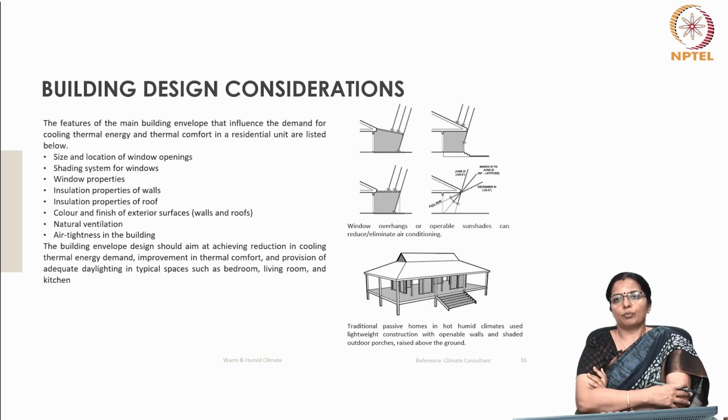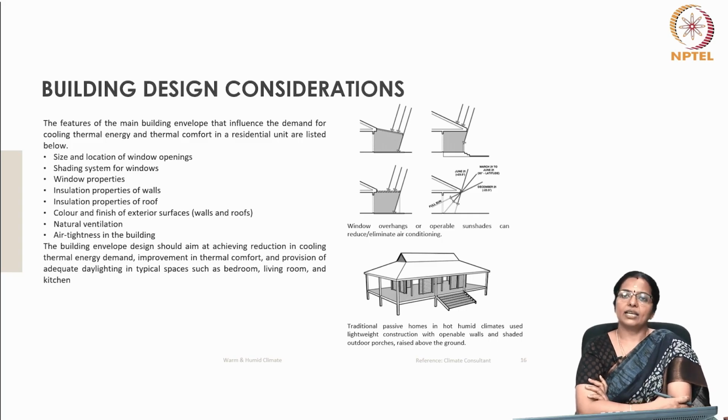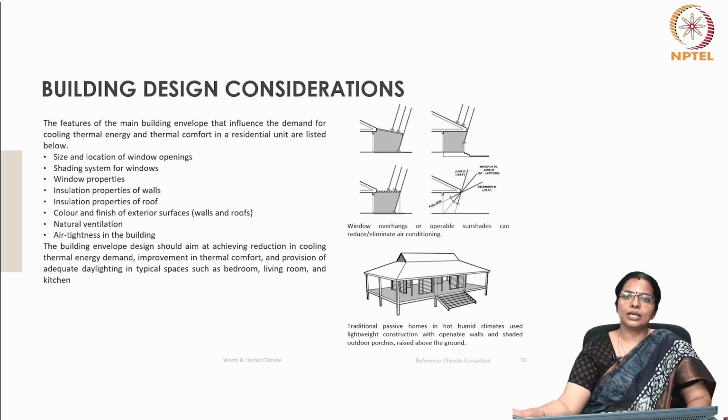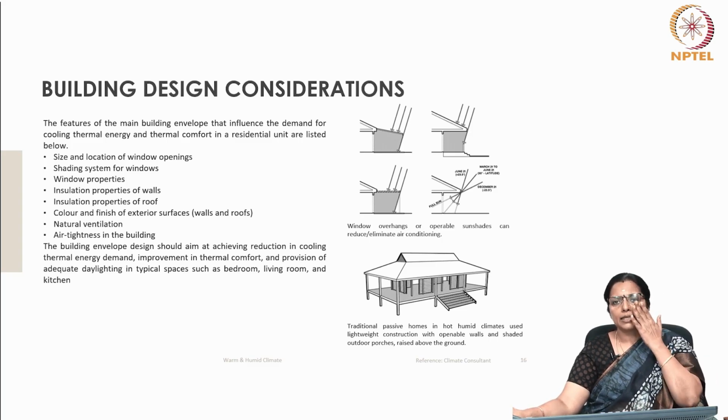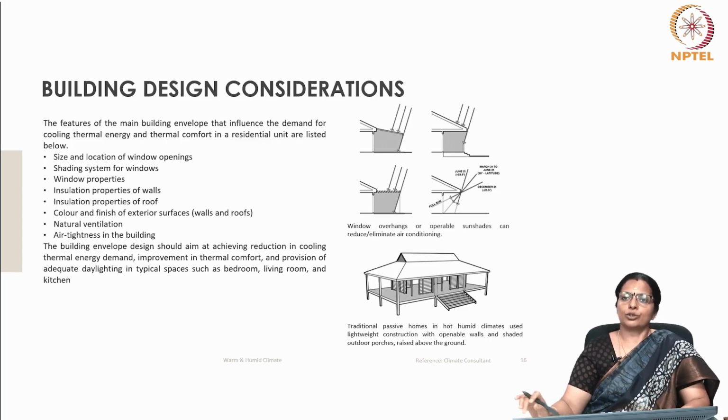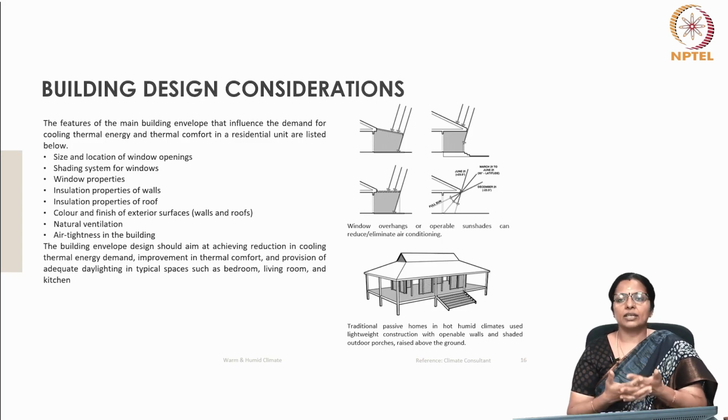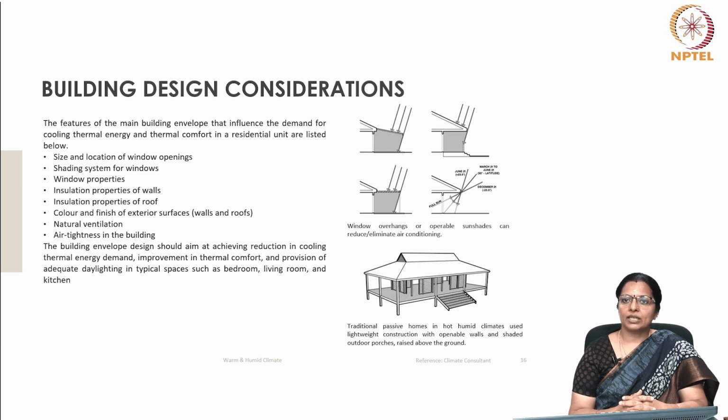The features of the main building envelope that influence the demand for cooling thermal energy and thermal comfort in a residential unit are that the size and location of window openings should be important. Shading systems for windows should be adequate. Window glazing should have correct properties. There must be insulating properties of walls and roofs.